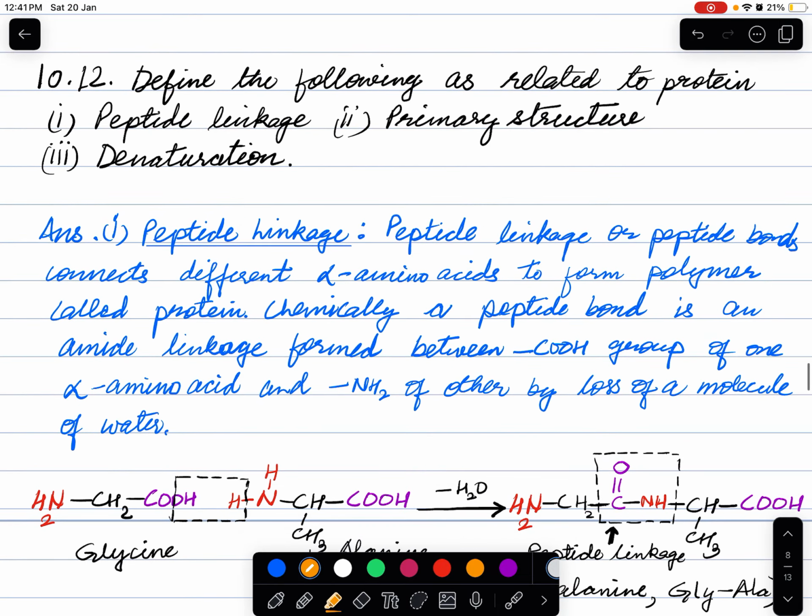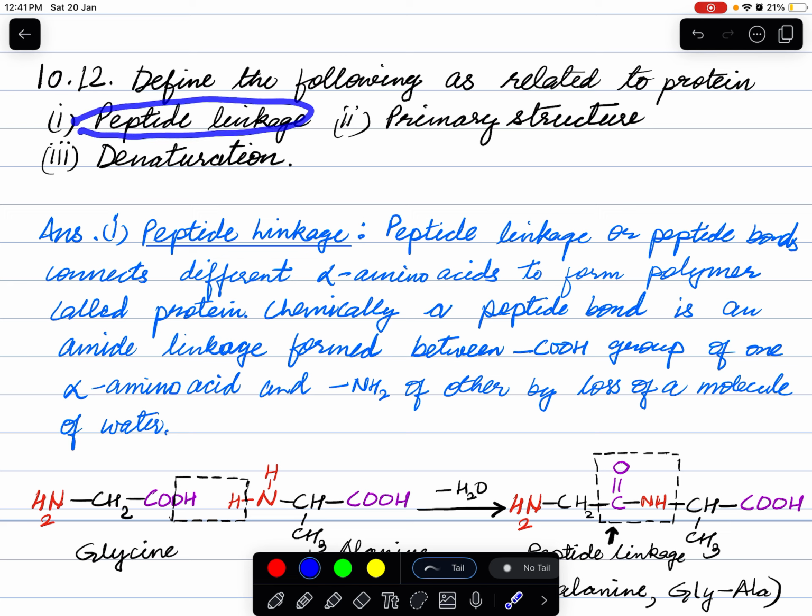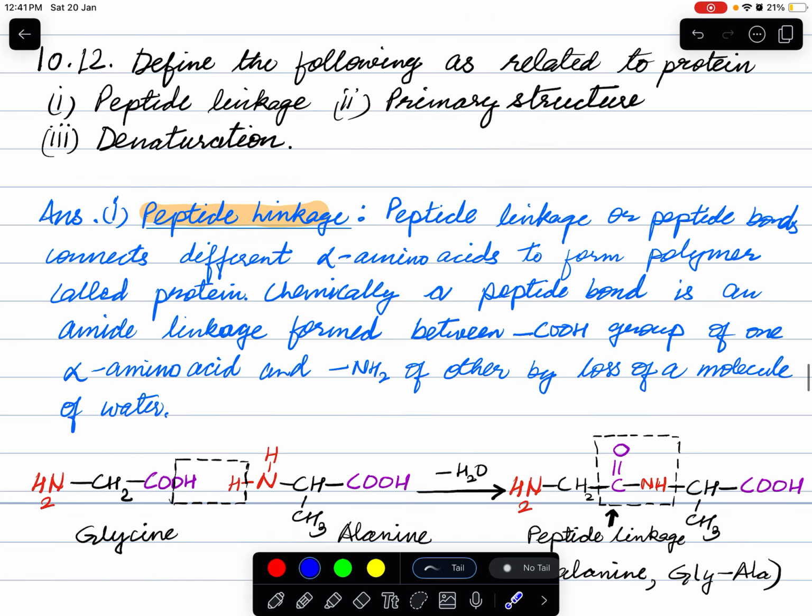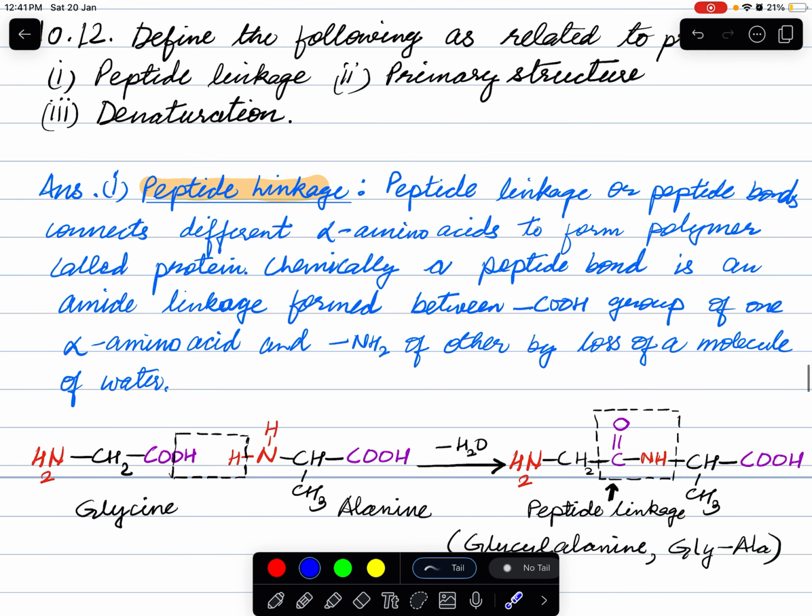Now the next question: define the following as related to protein. The first one is peptide linkage or peptide bond. So what is a peptide linkage? As discussed in the last question, proteins are made up of amino acids, and these amino acids act as monomers which combine to give the polymer protein.